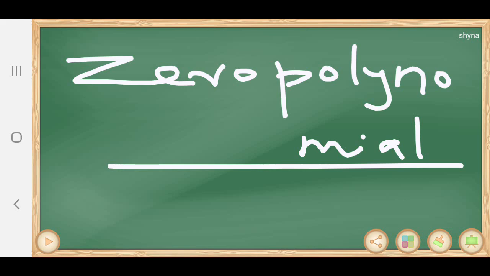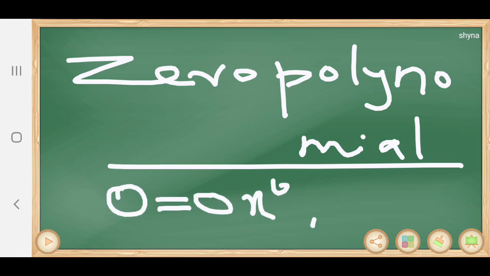You can write 0 equal to 0x raised to 0, or 0 equal to 0y raised to 0, or 0 equal to 0y raised to 1. Any one, because 0 into any number equals 0. That is why it is the 0 polynomial.